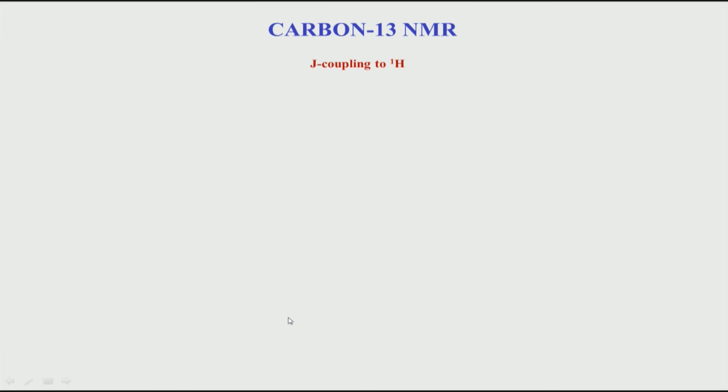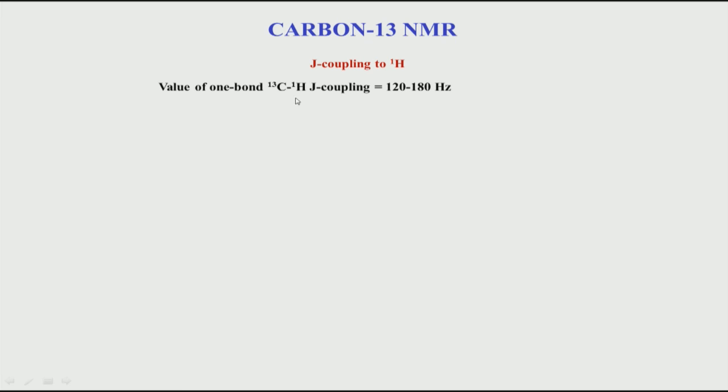Now let us look at what this coupling pattern will be. Typically the one-bond C13-proton coupling, meaning the coupling of the directly attached proton to carbon, will be in the range of 120 to 180 hertz. You can see this is a pretty large value compared to what we saw in proton-proton coupling. If you recollect, the proton-proton coupling values were in the range of about 5 to 10 hertz, sometimes maybe 20 hertz, but not beyond that.